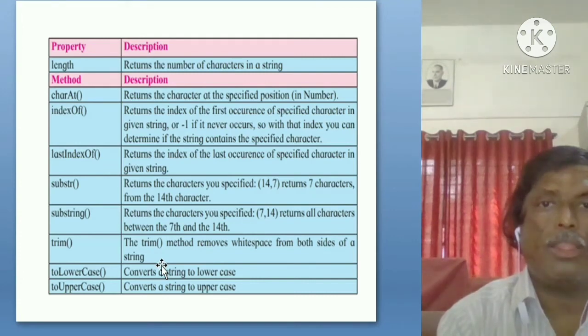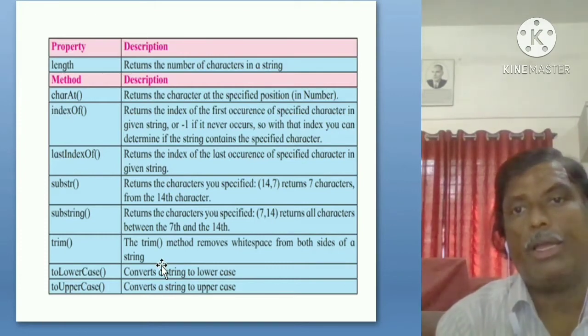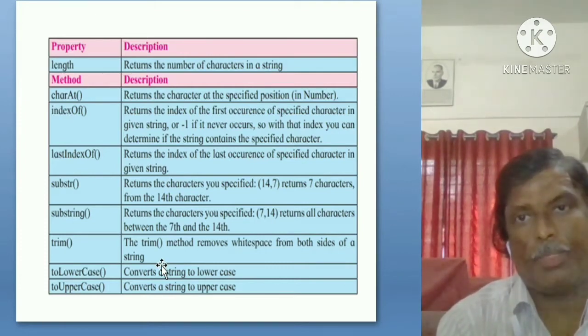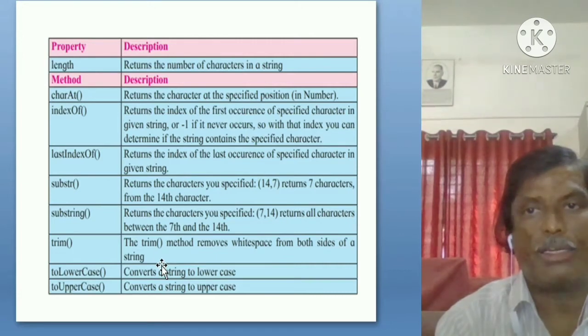indexOf returns the index of the first occurrence of a specified character in a given string, or -1 if it never occurs. So, with that index you can determine if the string contains the specified character.